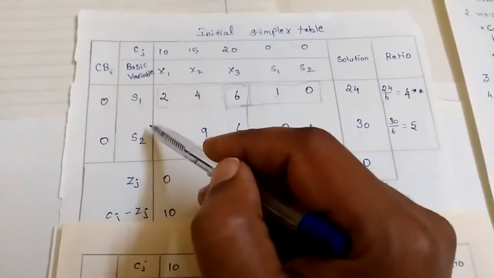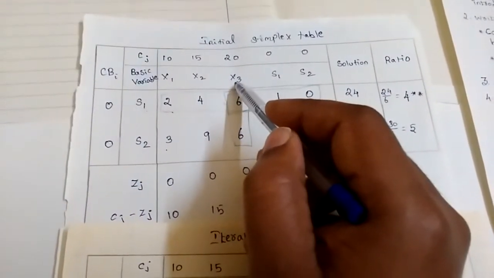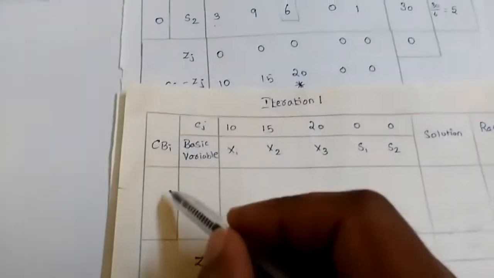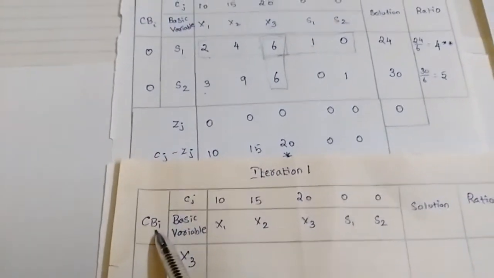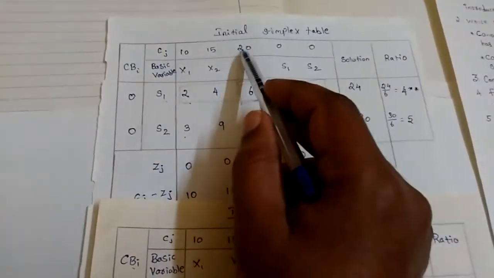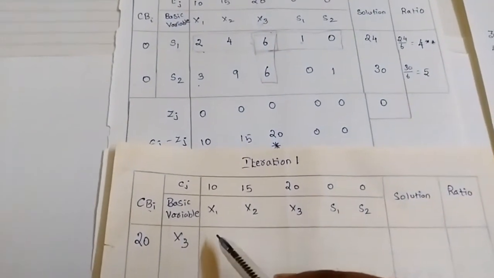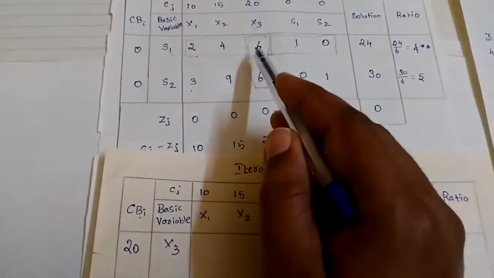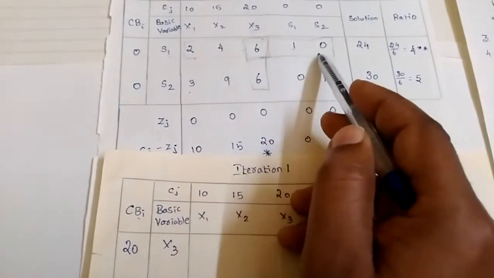Whichever row you find as the key row, in that row you need to shift the entering variable as the basic variable. Similarly, in place of CBI, the coefficient of X3 is 20. You just shift this 20. Okay, now the key element is there, so divide each and every number here by the key element.